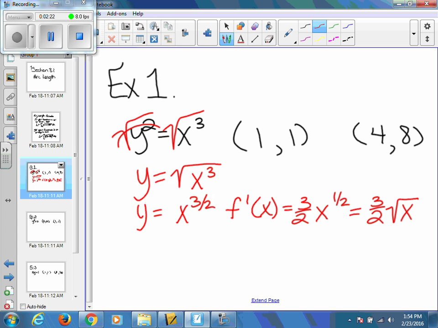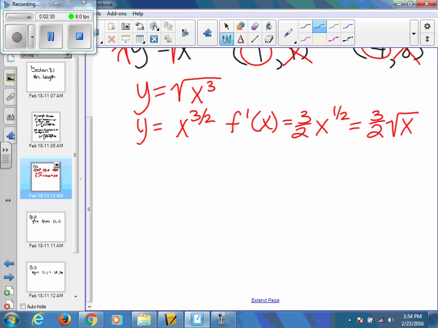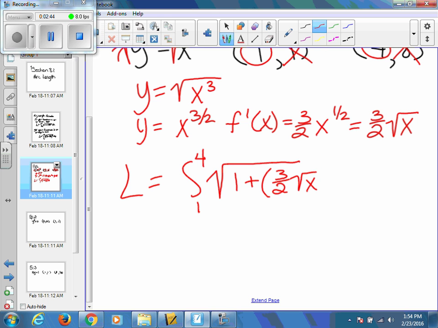And because I'm dealing in terms of x, I only care about my x values at my points. So I'm going to take the integral from 1 to 4 of the square root of 1 plus f prime of x, which was 3 halves times the square root of x, squared, dx.